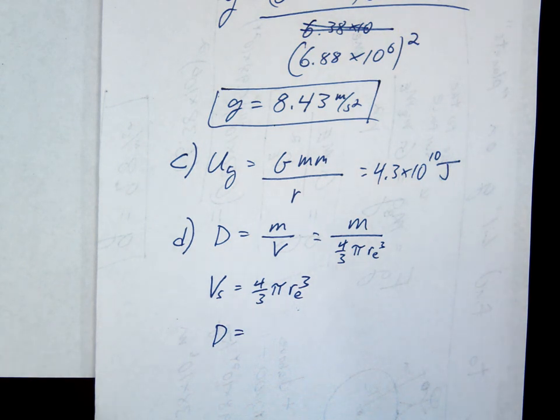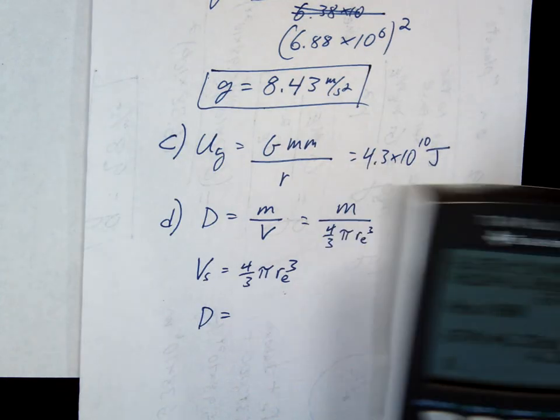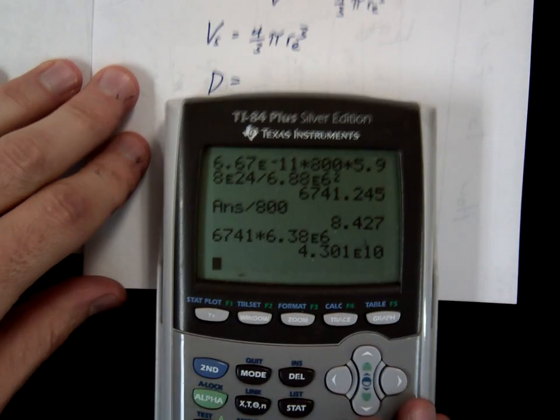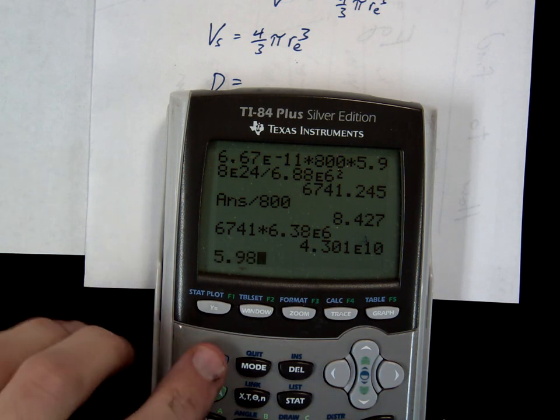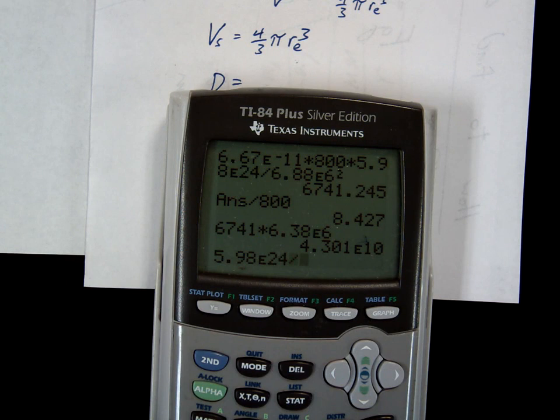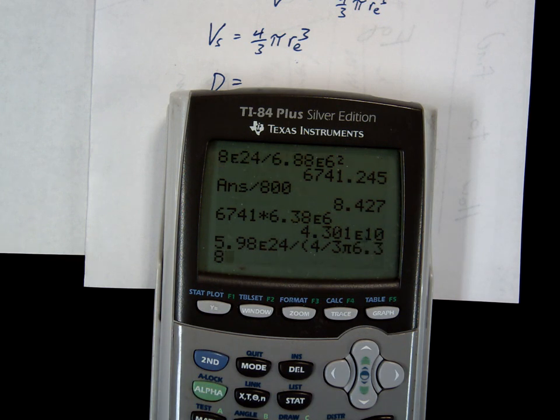Someone got the answer? You need me to do it. Okay, so what do we got? The mass of the Earth, 5.98 divided by 4/3 times pi times, what was our radius? 0.38 e to the 6.